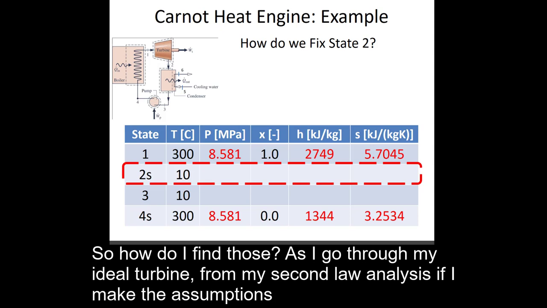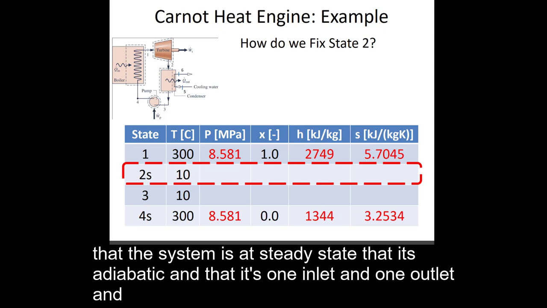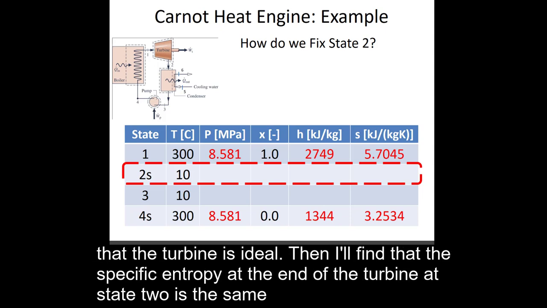As I go through my ideal turbine, from my second law analysis, if I make the assumptions that the system is at steady state, that it's adiabatic, and that it's one inlet and one outlet, and that the turbine is ideal, then I'll find that the specific entropy at the end of the turbine at state 2 is the same as the inlet.